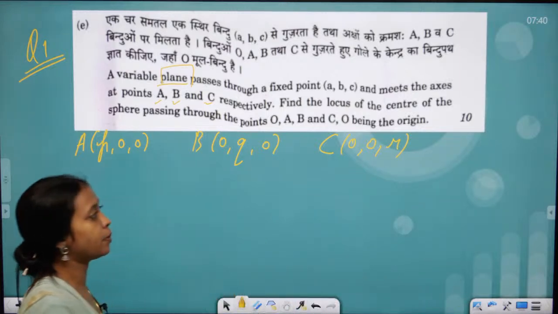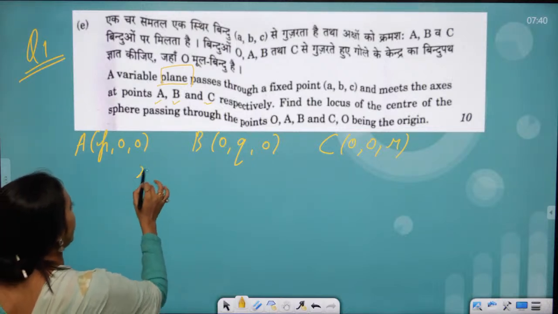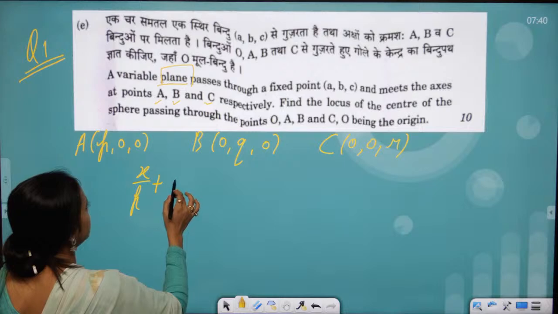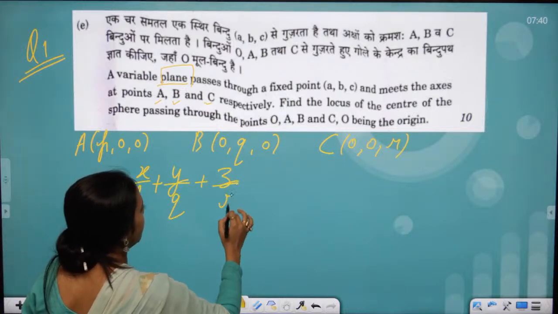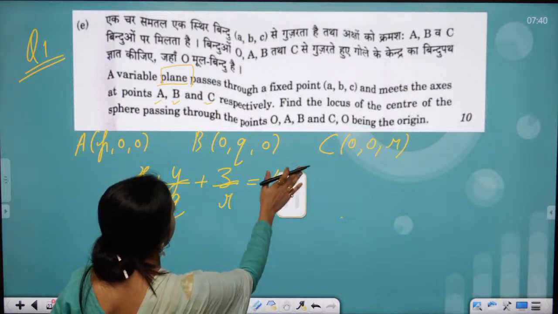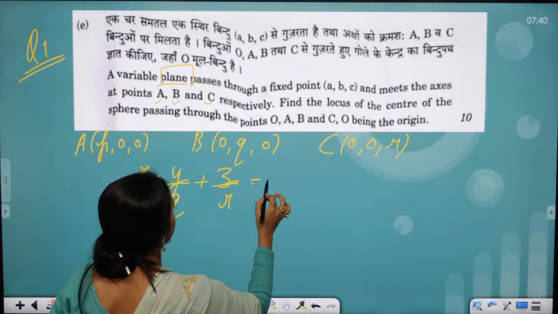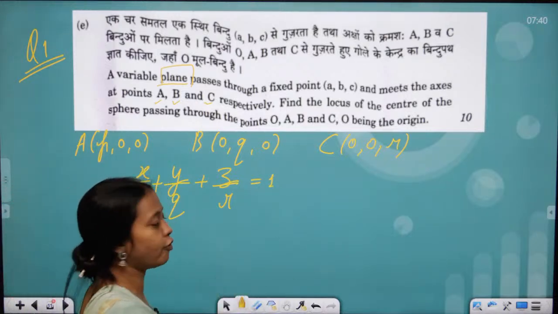What is the equation of a plane in intercept form? That will be x by P plus y by Q plus z by R is equal to 1. Equation of a plane in the intercept form, right?